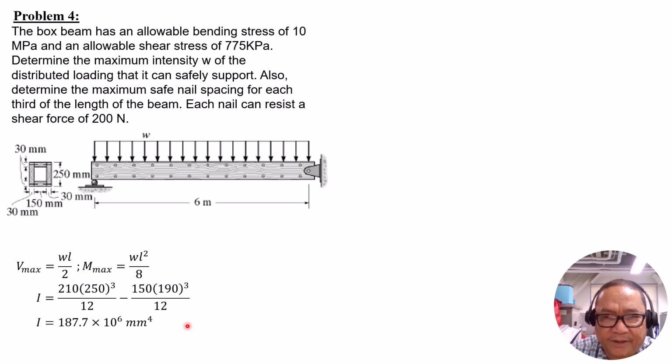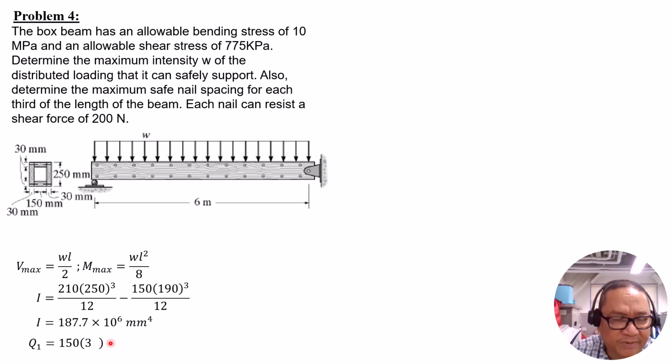Then for Q1, this inner rectangle here, about the neutral axis, it is 150 times 30, and its distance is half of 250, 125, minus half of 30, 15, so 110.